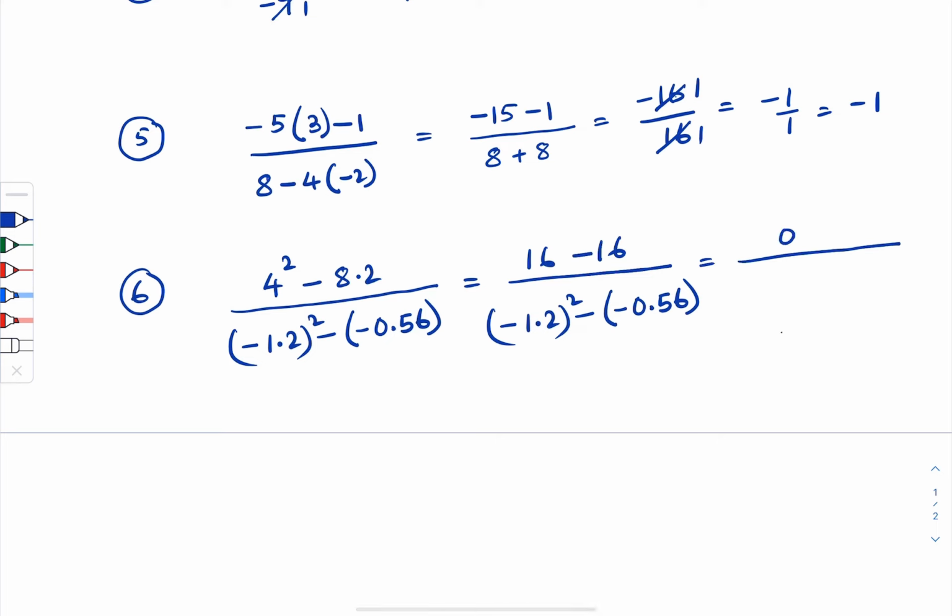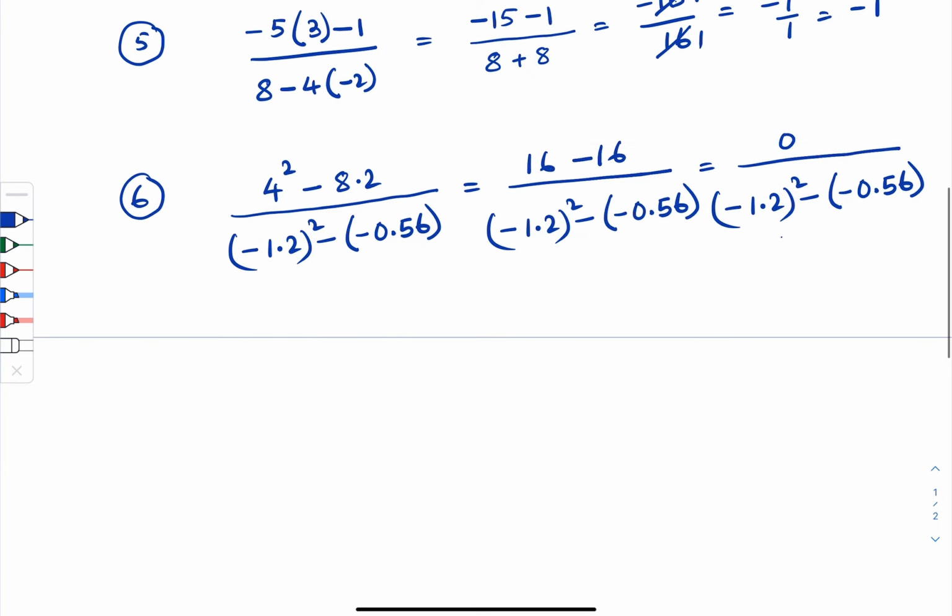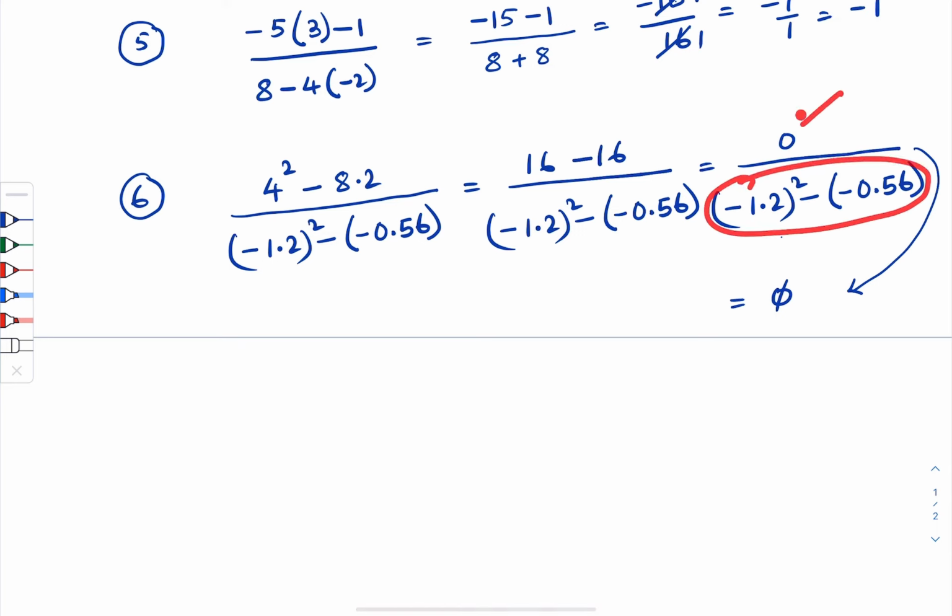The 0 over this term. Whenever you have a 0 sitting on top of anything, it actually makes the whole thing 0. So that entire thing equals 0, and we're done. We're trying to work smart out here. It doesn't really matter what the denominator is. If the numerator is 0, then the whole thing simplifies to 0.